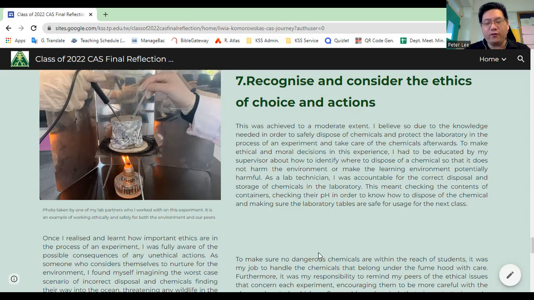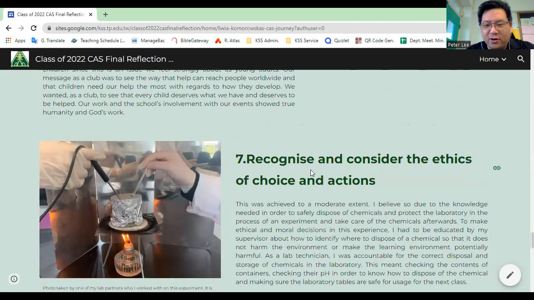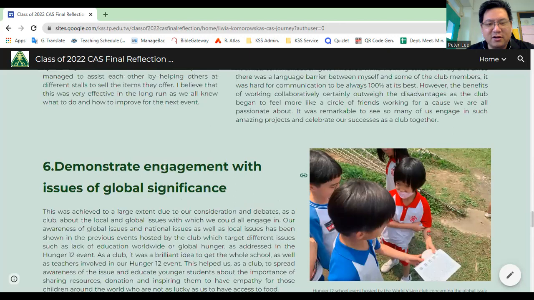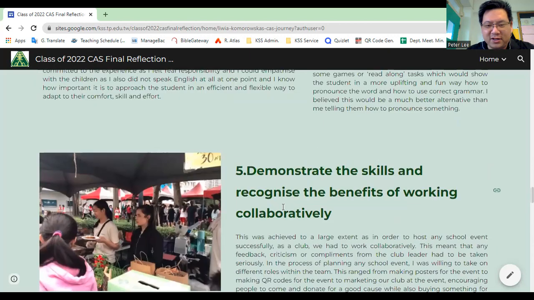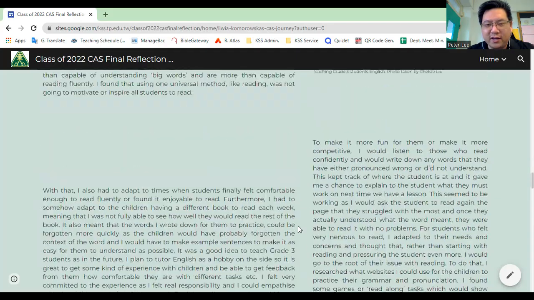And again, if you fulfill any of these 7 learning outcomes, it's not just something that you check on a checklist, because once you fulfill these 7 learning outcomes, and if you do it well and meaningfully, you actually grow as a person. There's no way you cannot grow if you're recognizing and considering the ethics of choices and actions, engaging with issues of global significance, demonstrating skills, and recognizing the benefits of working together.